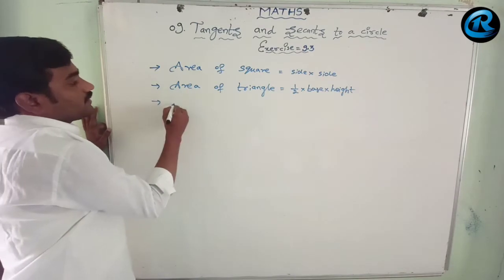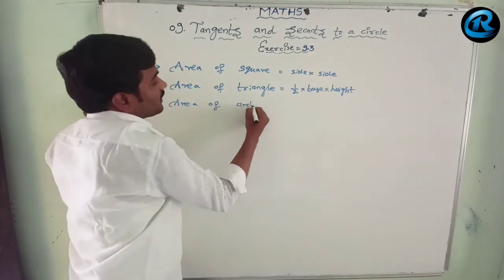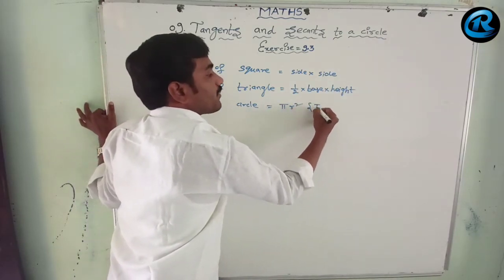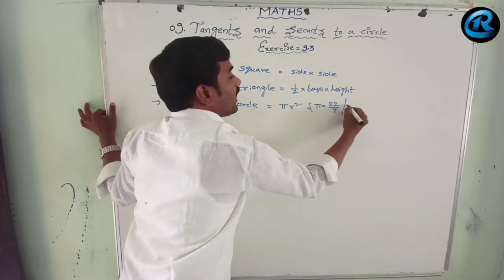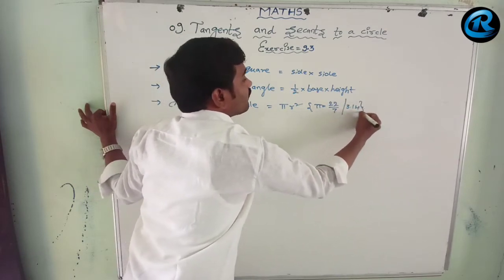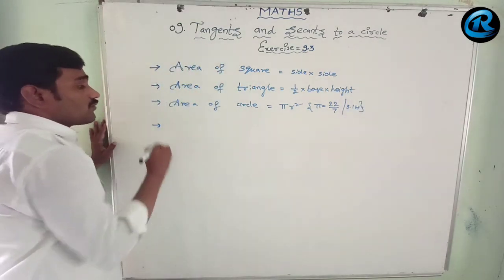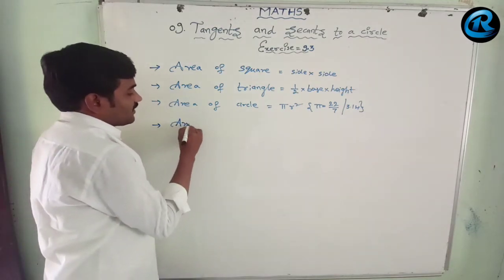Then the area of a circle, the formula is pi r square, where pi is equal to 22/7 or 3.14. Okay, then we are going to use some other formulas, like area of a sector.